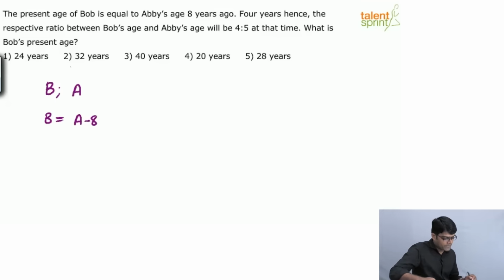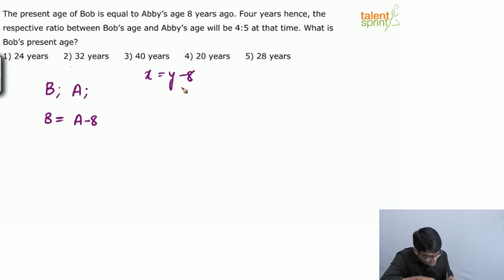But the point is, without your knowledge, you end up wasting maybe a couple of seconds in finding out which variable was what. Let's say you have started with X equals Y minus 8. Then 4 years hence, X plus 4, the respective ratio between this, right? So (X plus 4) by (Y plus 4) equals 4 by 5.